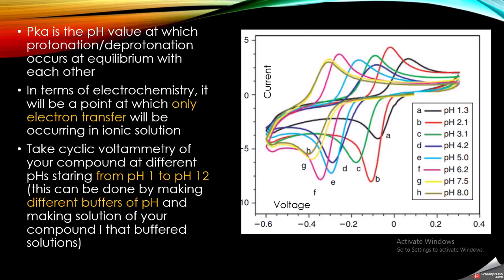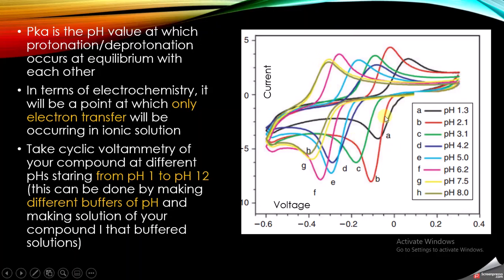This can be done by making buffer solutions at different pHs, ranging from pH 1 to pH 12. Then you make the solution of your compound in those buffer solutions and take the CV, the cyclic voltammetric graph of your data.